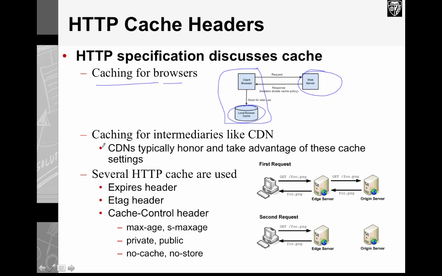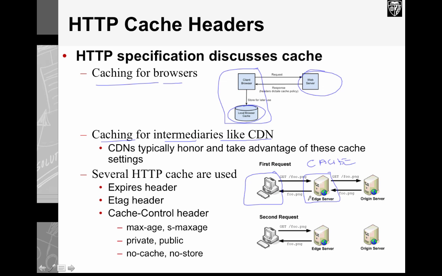We are now talking about CDNs. The CDNs are actually intermediaries, and they also have a cache. So if you look at this scenario, we have your browser in your web client, and that browser, rather than talking to the web server directly, is talking through an edge server, which is the intermediary, which is the CDN, which can contain the cache.